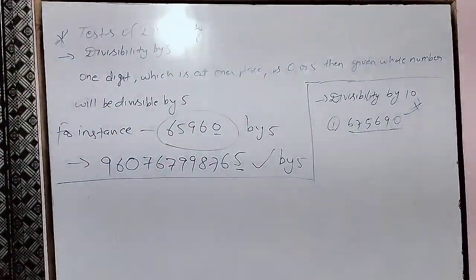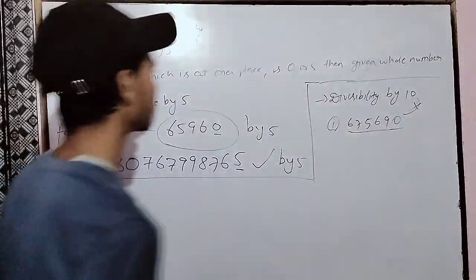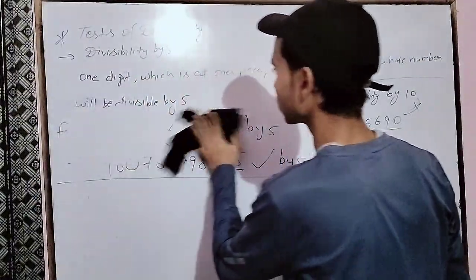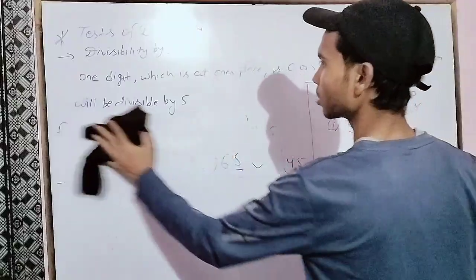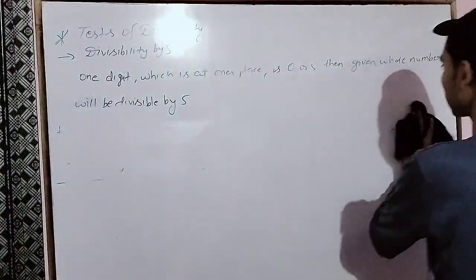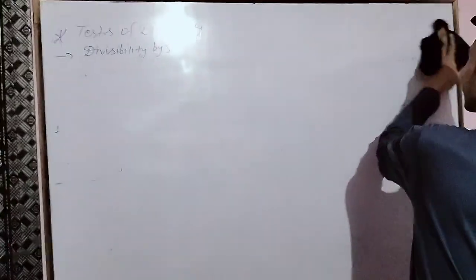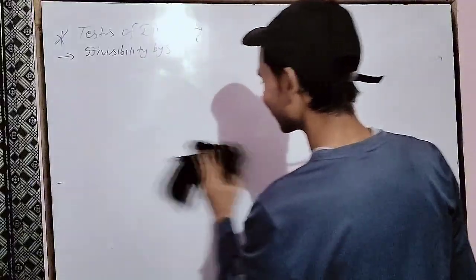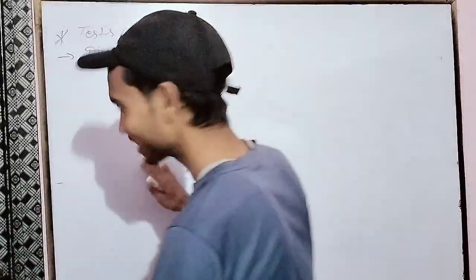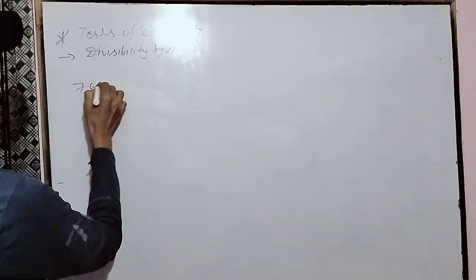Now divisibility by 4. Take the number 7625.